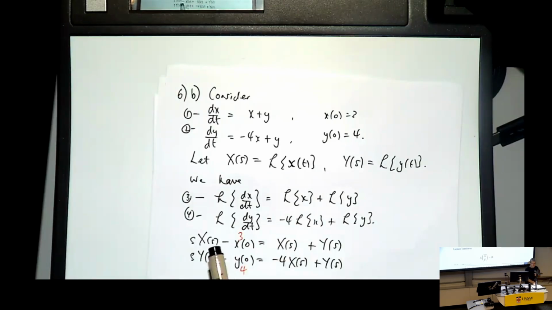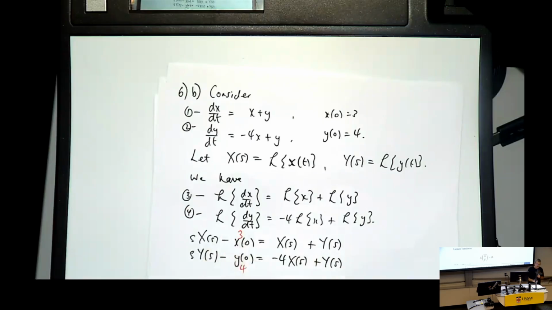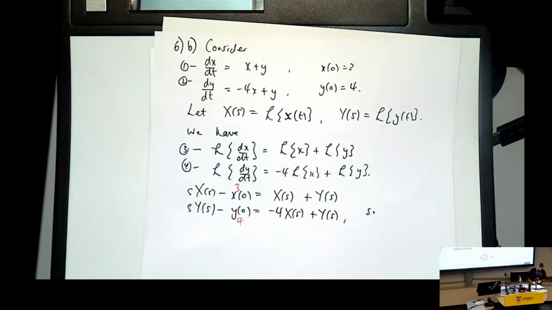All right, so what we want to do is sort of write this, say, as the following, move things around. It's a linear system, basically. I've got a common factor of x of s and a common factor of y of s down there. So let's see if we can simplify that somehow.